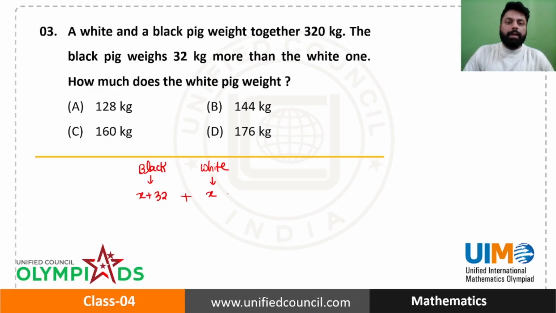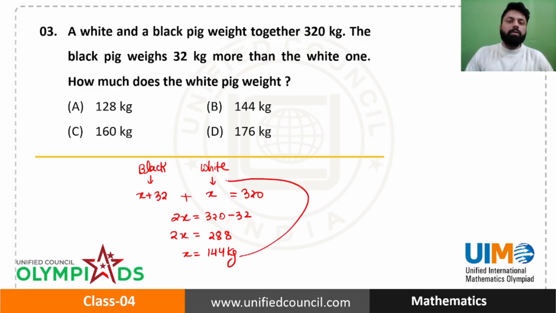The sum of their weight is equal to 320. So 2x is equal to 320 minus 32. 2x is equal to 288. X is equal to 144 kilogram. How much does the white pig weigh? White pig is 144. The option is the correct answer.